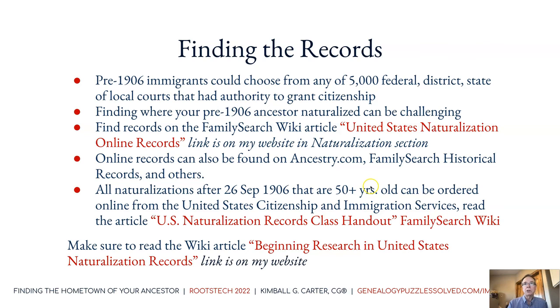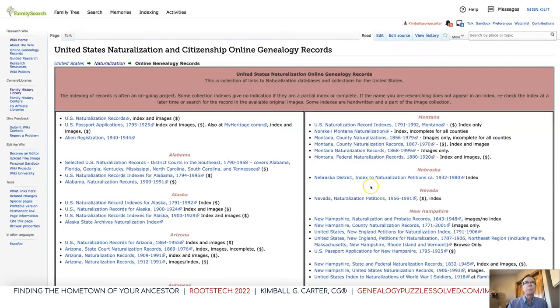That's a great article on the Family Search Wiki. It's also on my website, the link. Here's what you can find on the wiki, links to different records based on the state that might have your ancestor in them. So it's a great place to go. Make sure you use the Family Search Wiki when you get to that point.